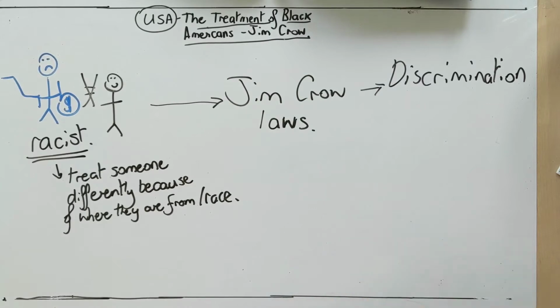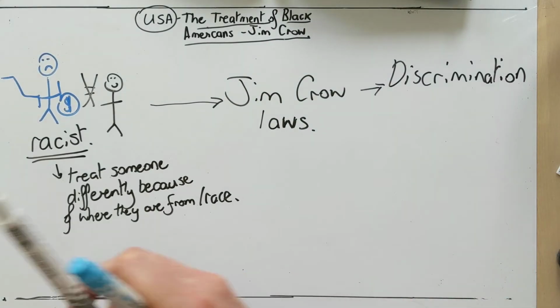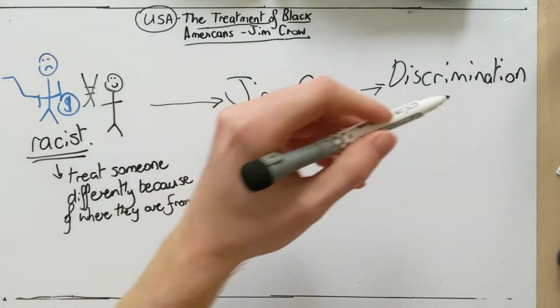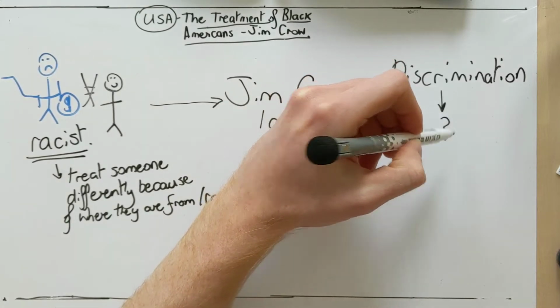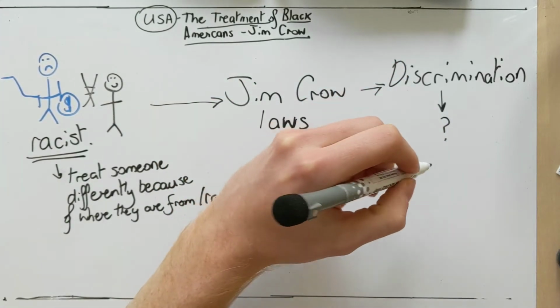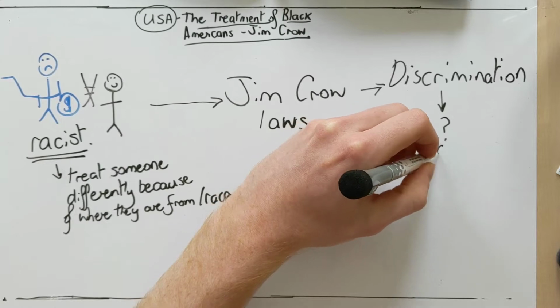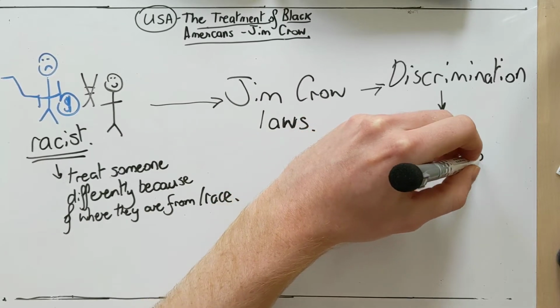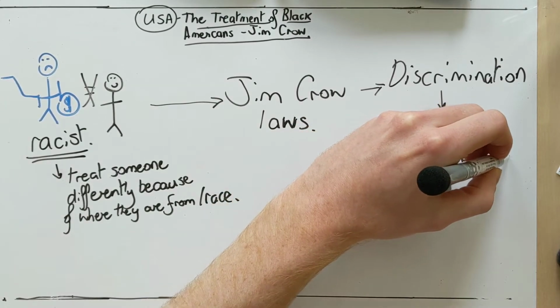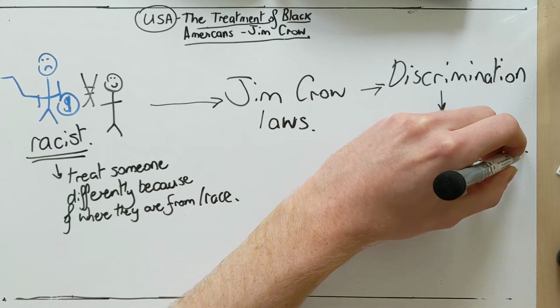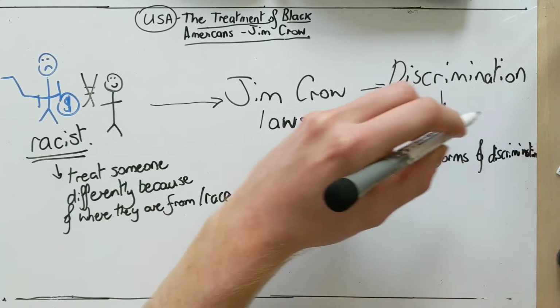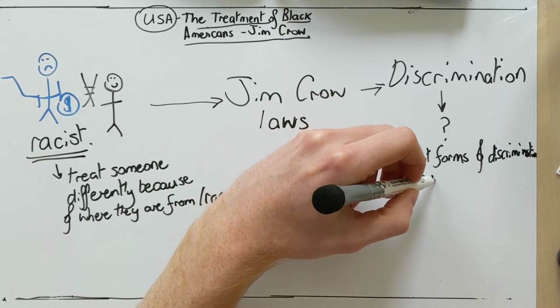So what I'd like to do now is pause it, after I've asked the question. Give me a definition of what discrimination is, and then tell me what forms or what types of discrimination have we already learned about.